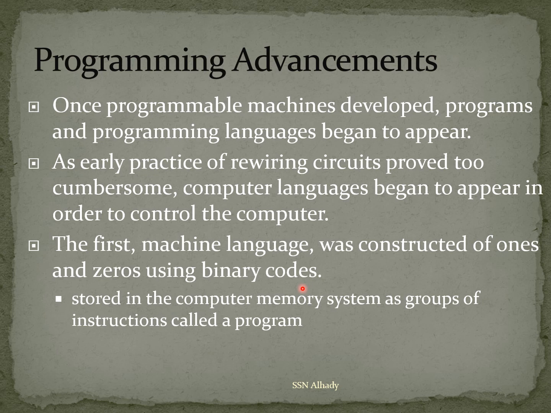Every time you code in assembly language, you need to convert it to machine language. Assembly language is also considered a low level language, same as machine language. It is stored in the computer memory system as a group of instructions which we call a program.